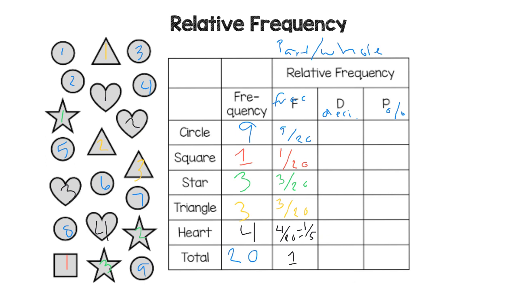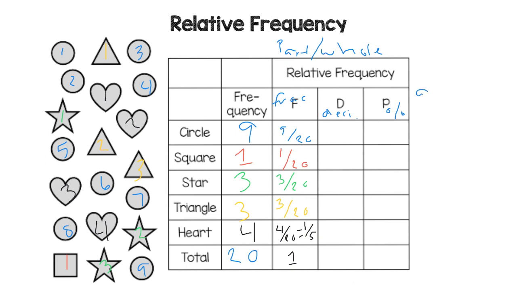Okay, now the next thing we're going to do is change these fractions into decimals. If you remember, in order to change a fraction into a decimal, we have to divide. So over on the right-hand side, I'm going to start dividing. I'm going to look at my circle first.